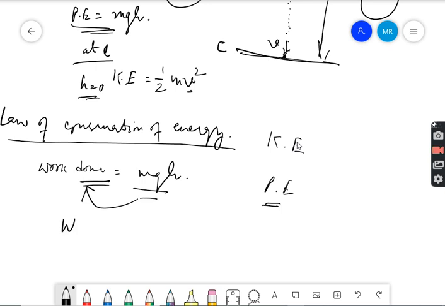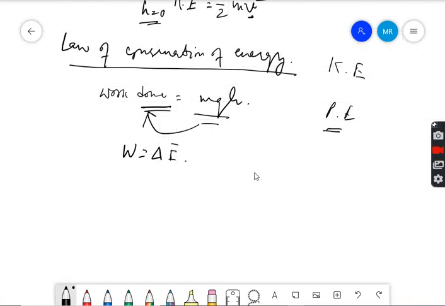How am I going to interpret the work energy principle here? It's simple. What would be the work done? Work done will be force times displacement. The force acting on the body is mg and h is the displacement.